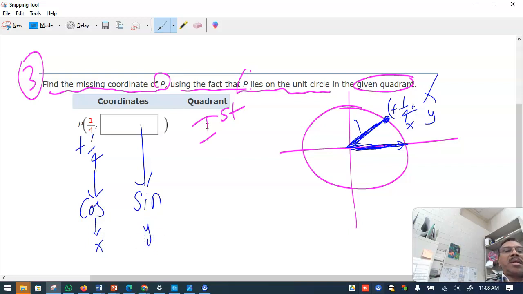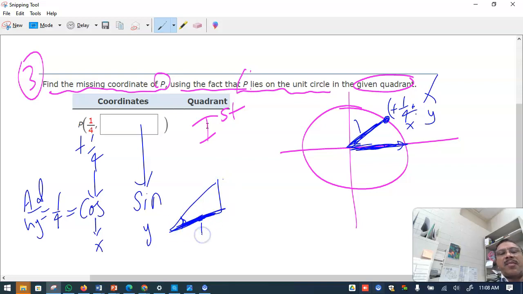So either you can think of cosine is 1/4, which is adjacent over hypotenuse, and that way you can just draw a triangle like this and say, okay, cosine is, if this is the angle, this is the adjacent, which is 1 and the hypotenuse is 4, and you can use the other side as square root of hypotenuse squared minus 1 squared, and you get a square root of 15.